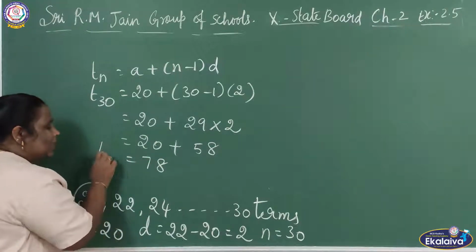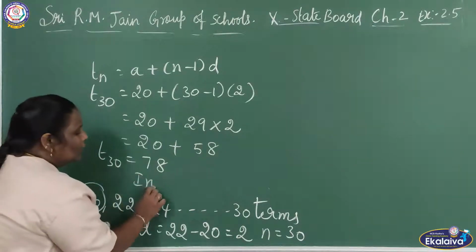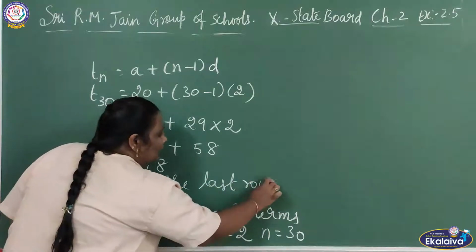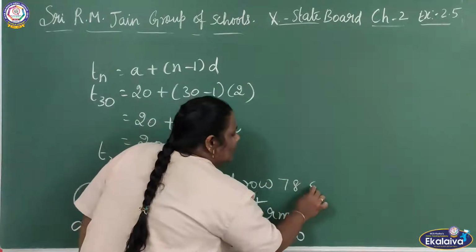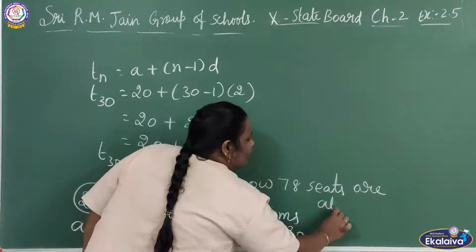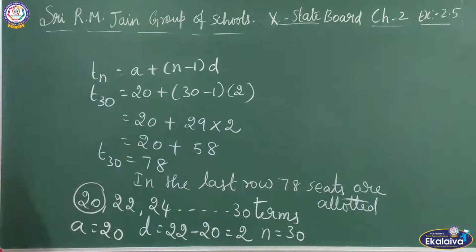How many seats are there in the 30th row? 78 seats. So in the last row, 78 seats are allotted.